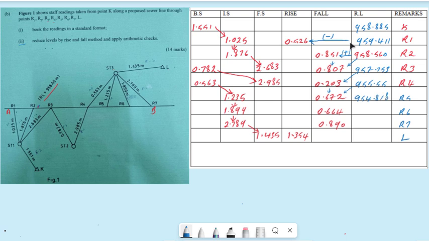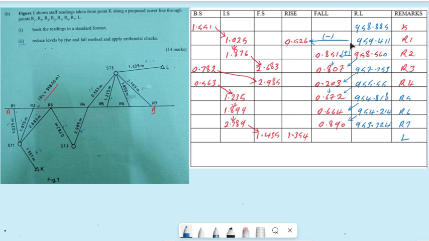954.818. So again I subtract 0.664, which will give me 954.214, and then this one I subtract, this will give me 953.324.